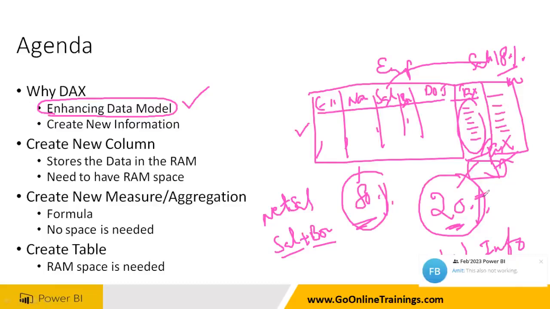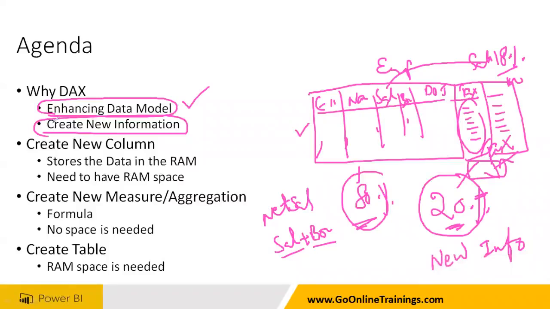So that is where you are going to be using extra information, or you have to create some kind of formulas, right? So creating new information, creating a new formula is called DAX. DAX is a new language which is part of Excel, part of even SSAS cubes, and part of Power BI as well.